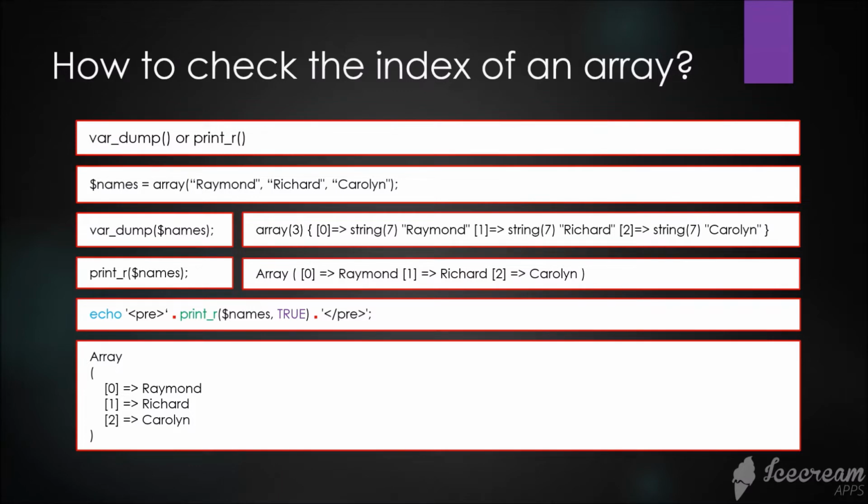So var_dump and print_r are not only used to check arrays. We use them for debugging purposes. If we are not sure what specific value a variable carries, then we can use them to check what value a variable is receiving. Okay? So, that's it.